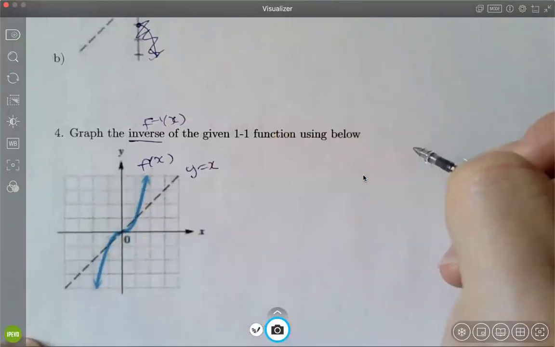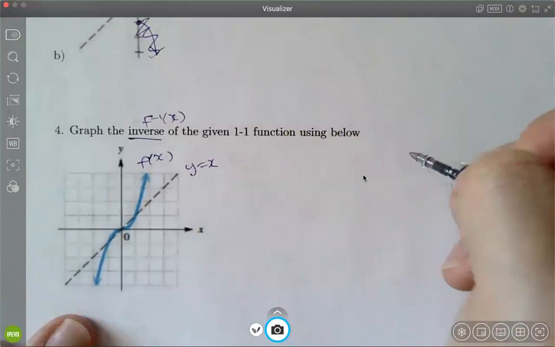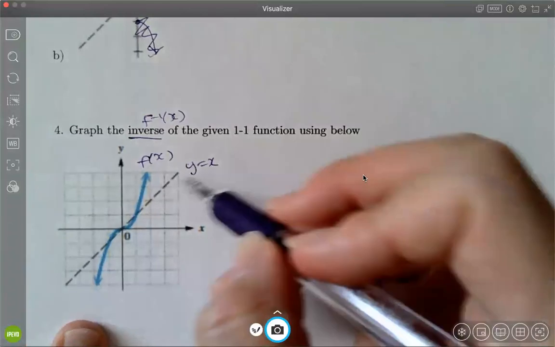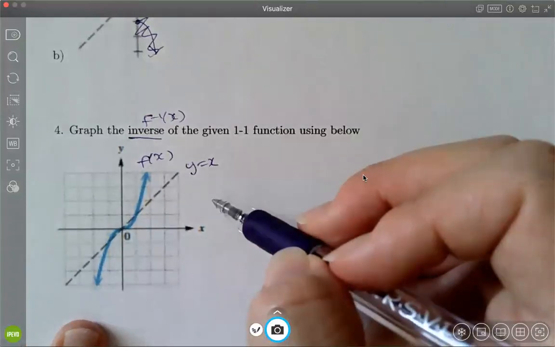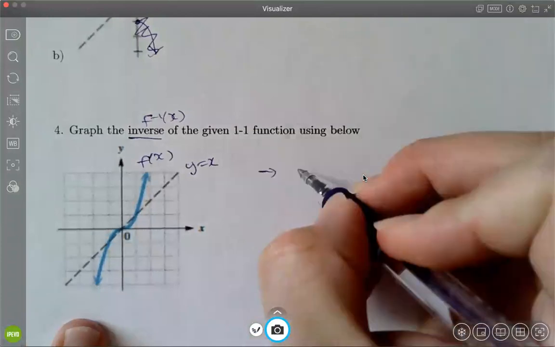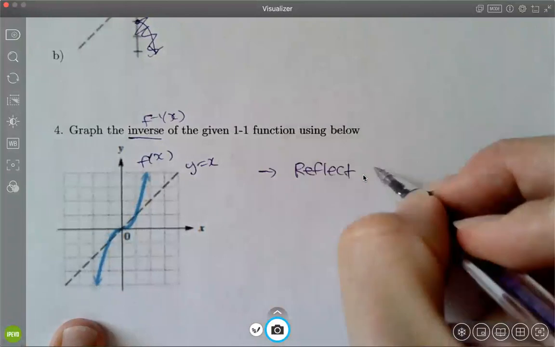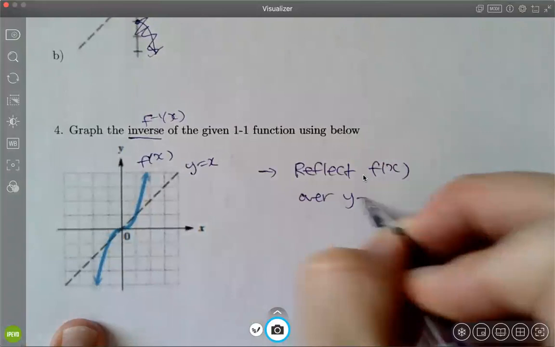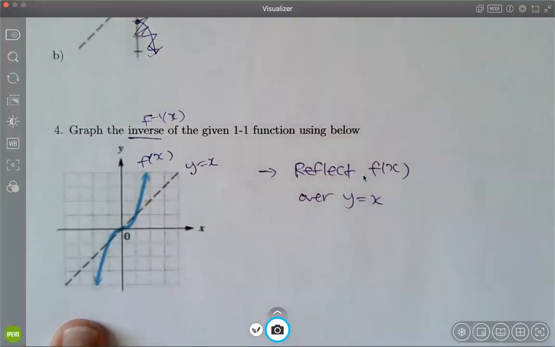Okay, so here, what's the strategy? We know that f of x and f inverse are supposed to be symmetric over this line, y equals x. So what do you have to do? You have to reflect the graph of f of x over the line y equals x. Right, because if we reflect it, the resulting graph and the blue graph will be symmetric in terms of y equals x, right?